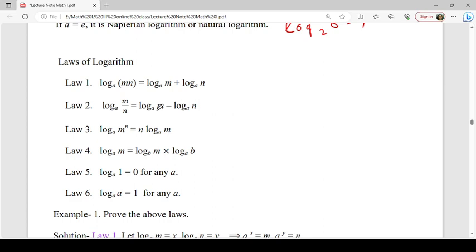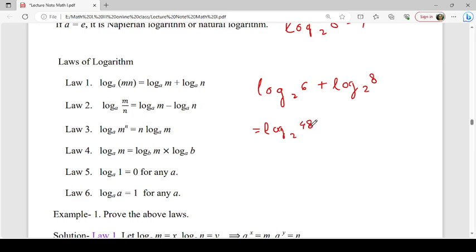So if we have to calculate, say, log of 6 to the base 2 plus log of 8 to the base 2, what you can do is, the base is 2, it is 6 into 8, 48.